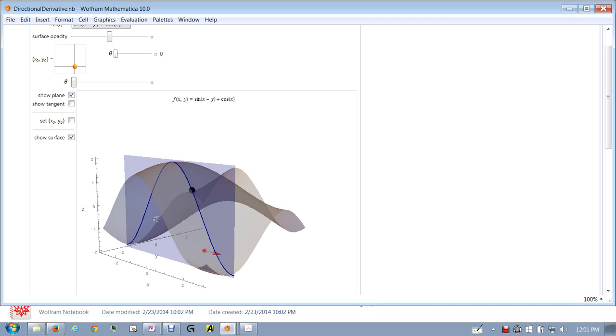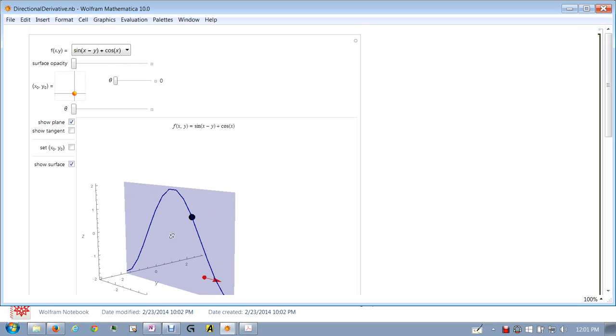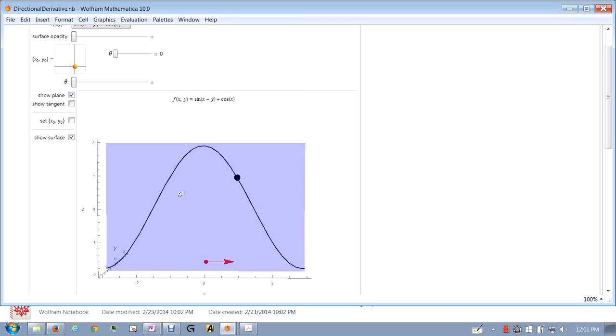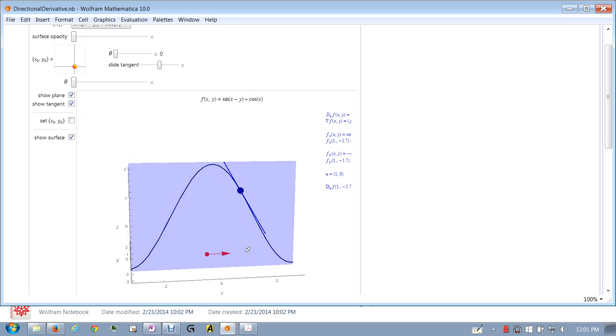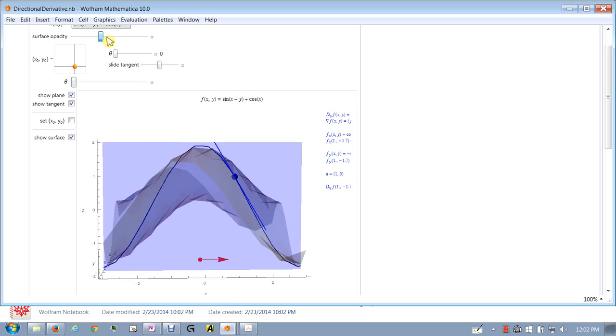Then if we look at it that way, and we take the surface out of it completely, and just look at where we intersected, and look at it from the side, then it would be very simple for us to get the concept of finding a tangent line to that, right? That's a Cal 1 problem. But I could have also come in here and brought the surface back in.